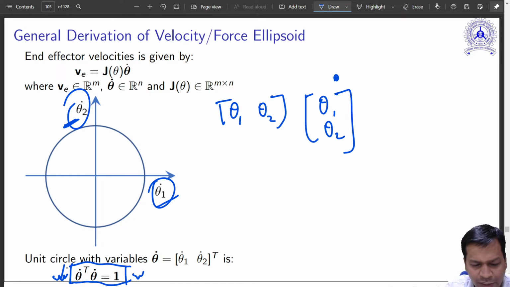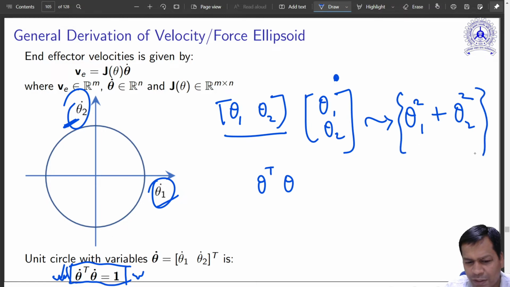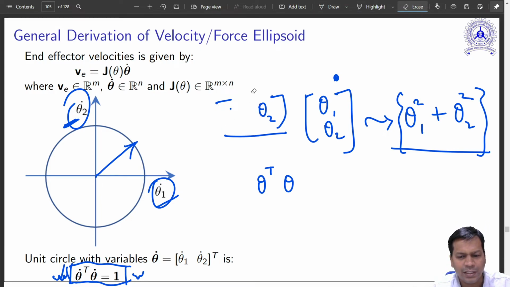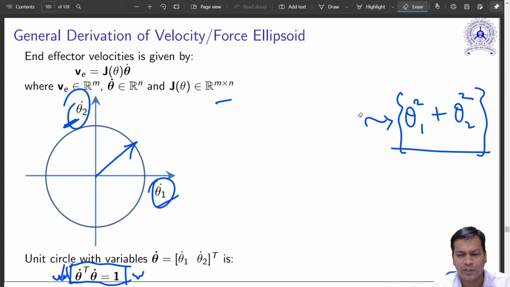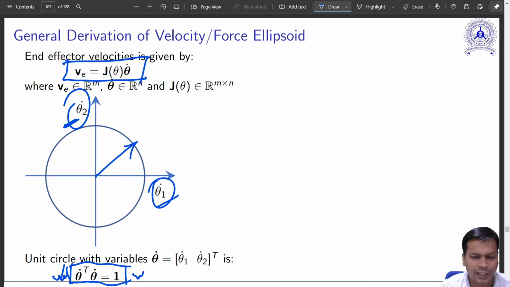That is theta dot transpose, and this is theta dot. So basically it is theta 1 square plus theta 2 square. If both are unity, it is a unit radii circle. So you now know this represents a circle in space. When is this a circle? We want to analyze this by a circle equation now.